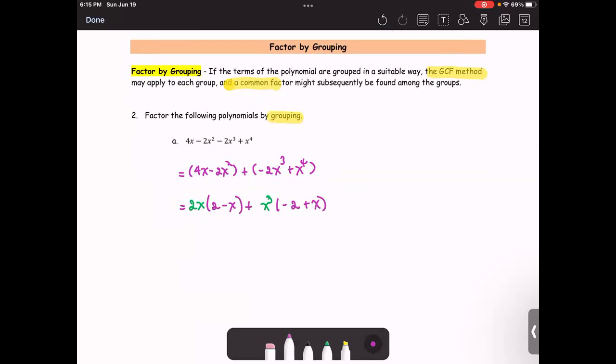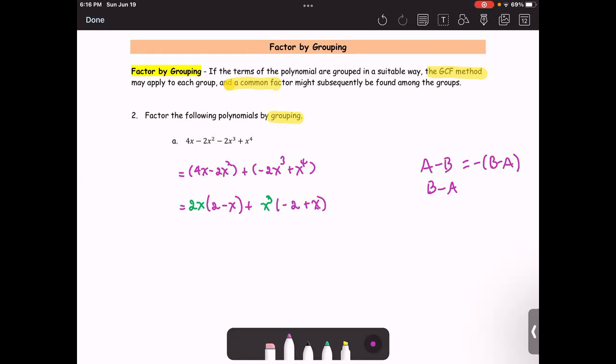They almost look the same, but note that if we factor the negative sign out from the last group, we get the same factor as the first group, or vice versa. So basically, we have the form a minus b and b minus a. But we use the fact that a minus b is the negative of b minus a.